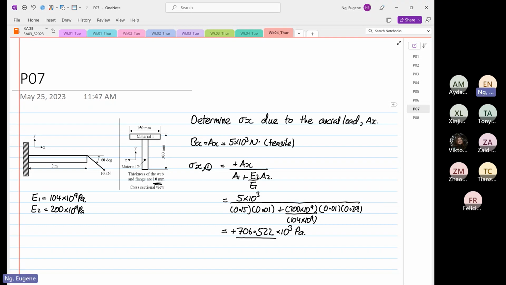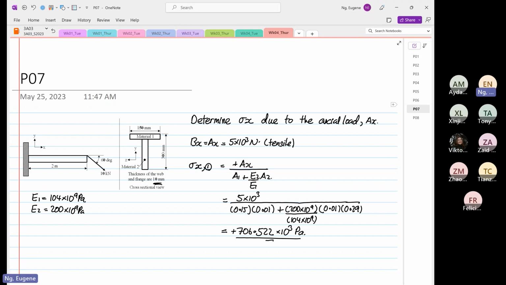Okay, so it is not a very big load. Let me do it again. 200 divided by 104 times 0.01 times 0.29 plus 0.15 times 0.01, 5 power 3 divided by that.